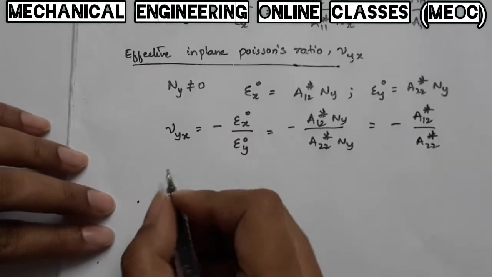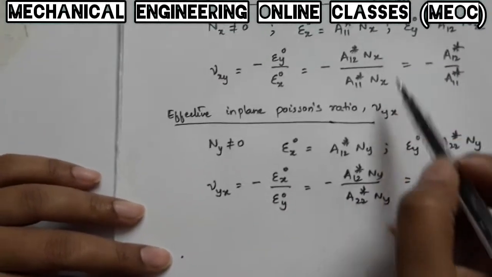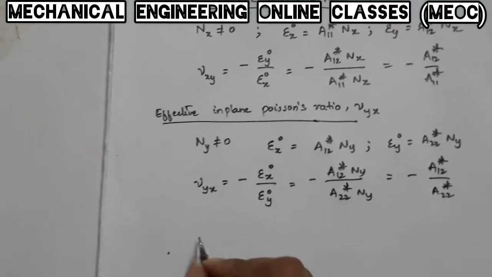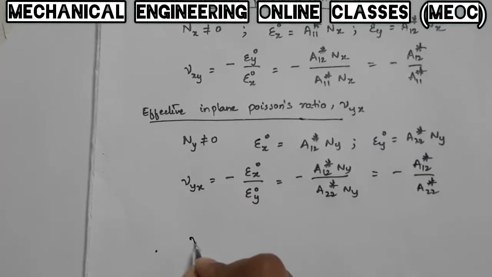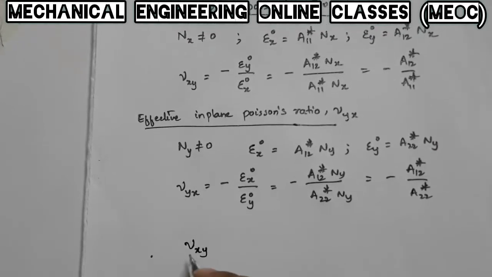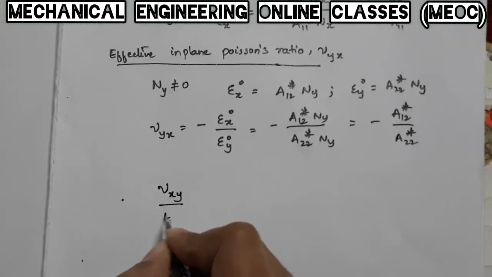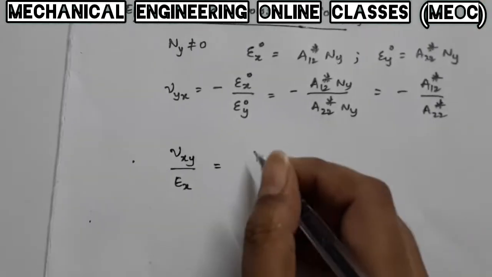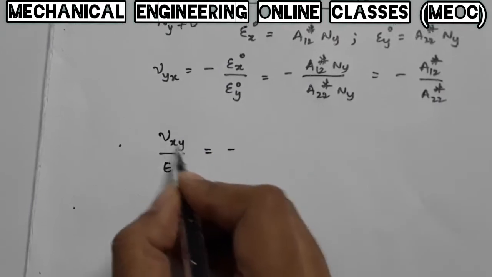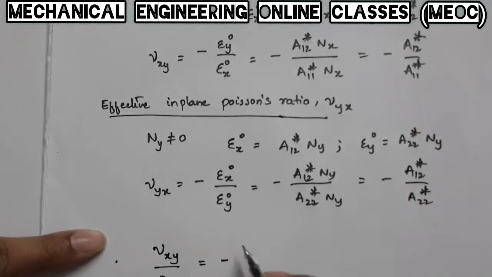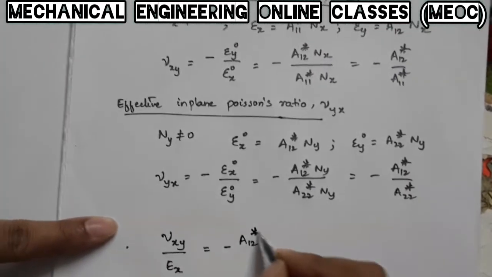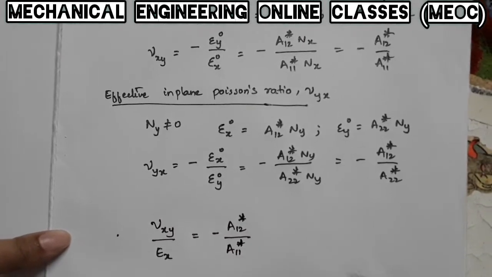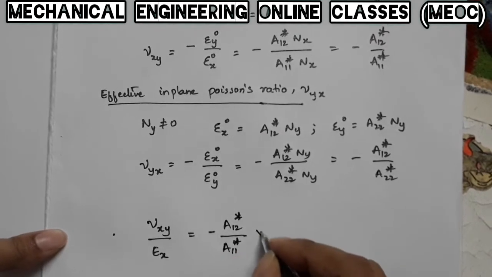Now I will apply the relation between nu xy and nu yx. We know that nu xy divided by Ex, I will try to find out what this ratio is. What is nu xy? It is minus A12 star divided by A11 star into 1 by Ex.